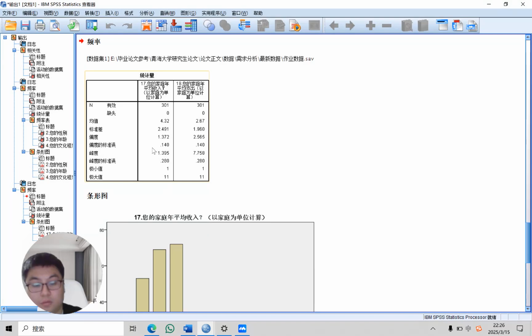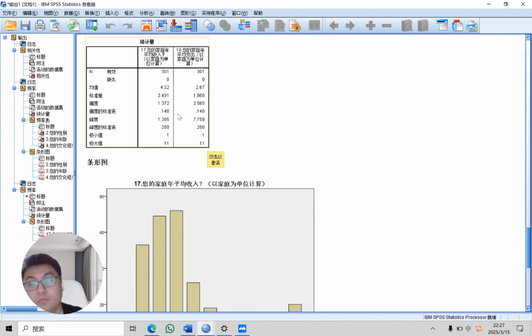From this table, we can see the indicators we have selected, for example the mean, skewness, and kurtosis.